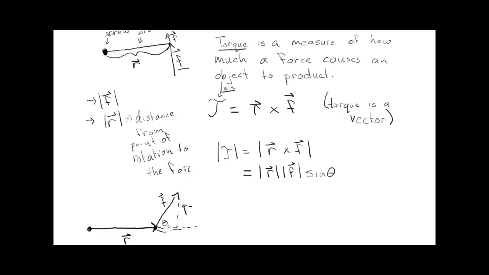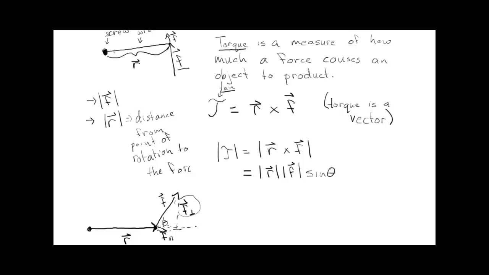We'll call this component perpendicular to R, so we'll call that F perpendicular. And then this component is parallel to R. Well, which parts of these forces is actually going to be moving the wrench or whatever this is? Only this thing, right?